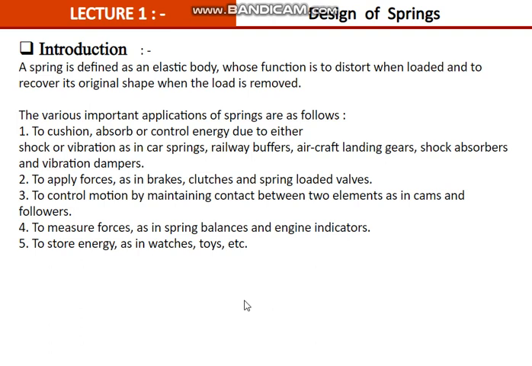But when you make it in the form of a spring, it distorts when it is loaded, and when that load is removed, it recovers its original shape. So this is the definition of spring.